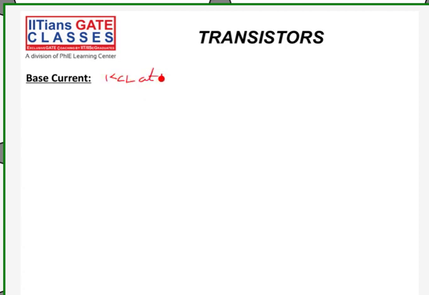KCL at base. Okay, so in this case, IB, which is entering into the junction, plus IPE, which is coming from the emitter side into the junction, minus IPC, it is going away from the junction, plus ICO, which is coming towards the junction, towards the base region, plus INE.